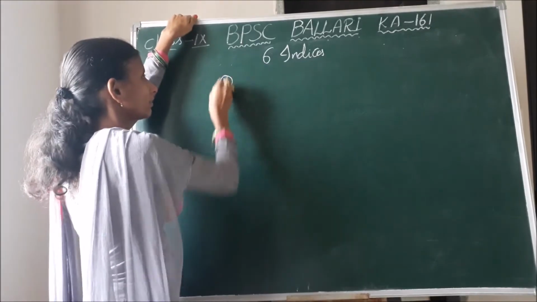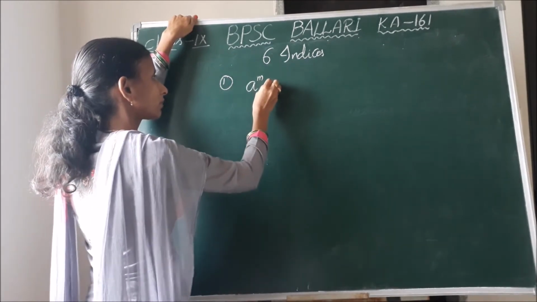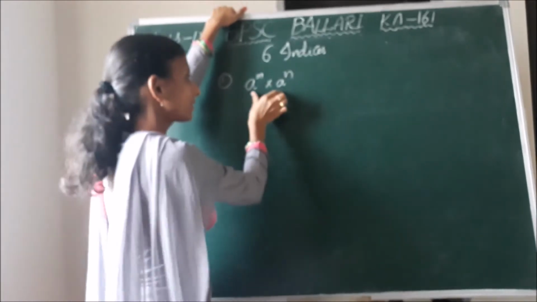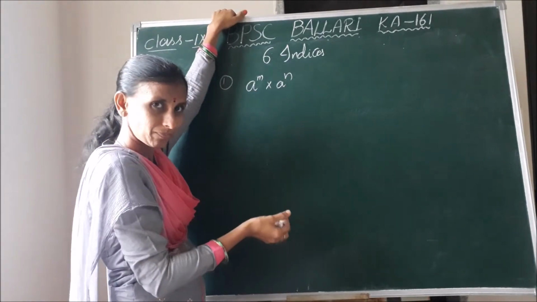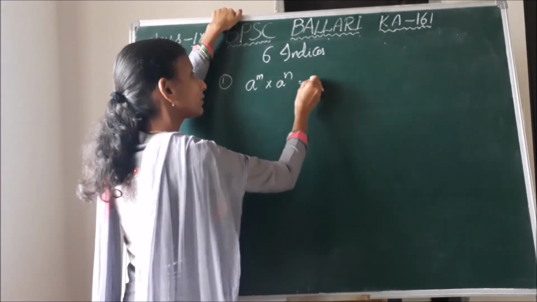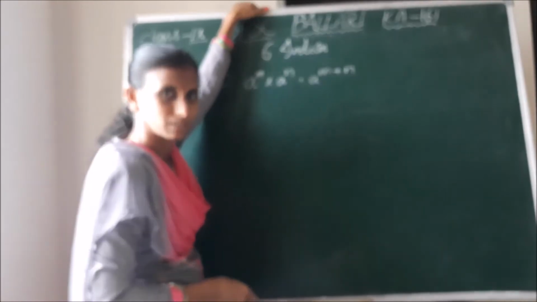The first law: a power m into a power n. When the bases are equal, that is the same, and they are in a product, then a power m into a power n is equal to a power m plus n.